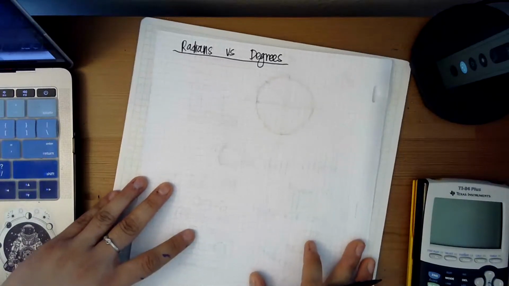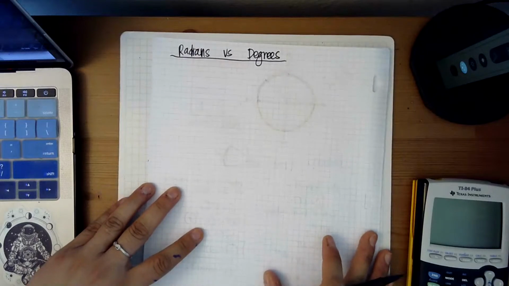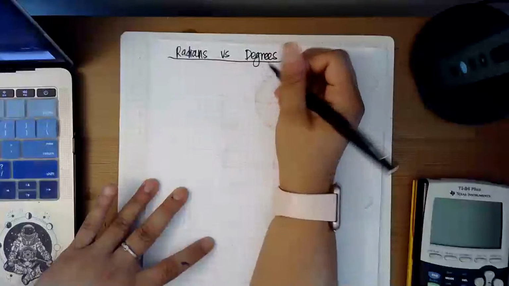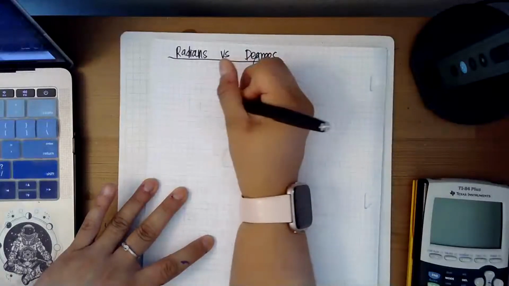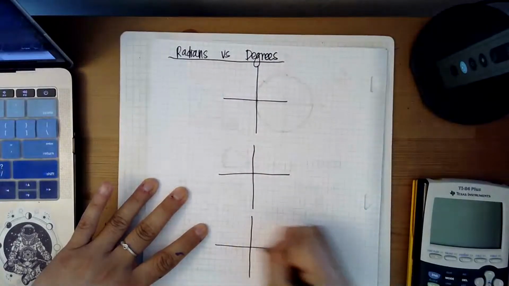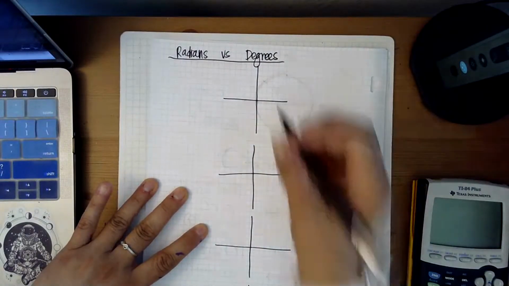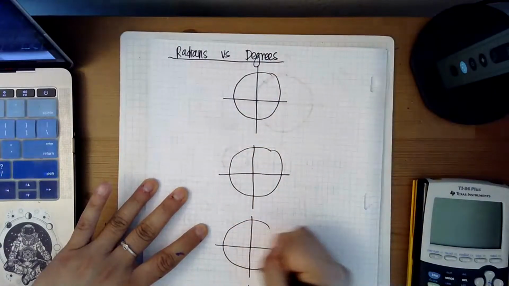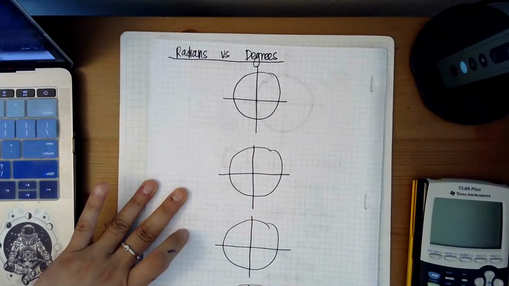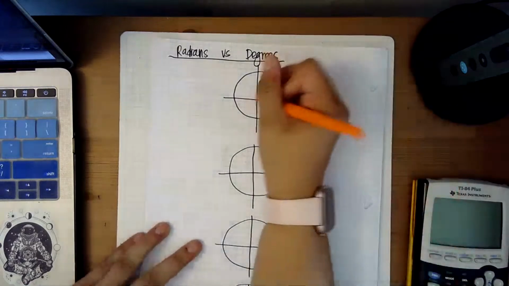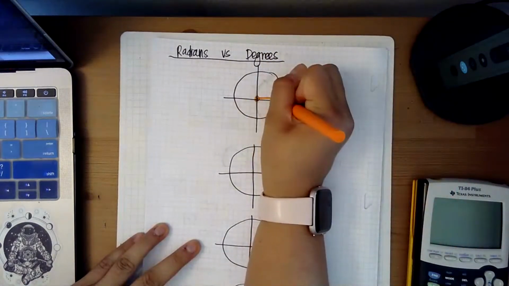Okay? Let me just make sure my paper's straight. There we go. Okay? So I'm going to draw a couple of circles here, unit circles. Recognize that these are all unit circles with center at (0, 0), and these are just sketches. And my radius is 1. So there's my initial ray.